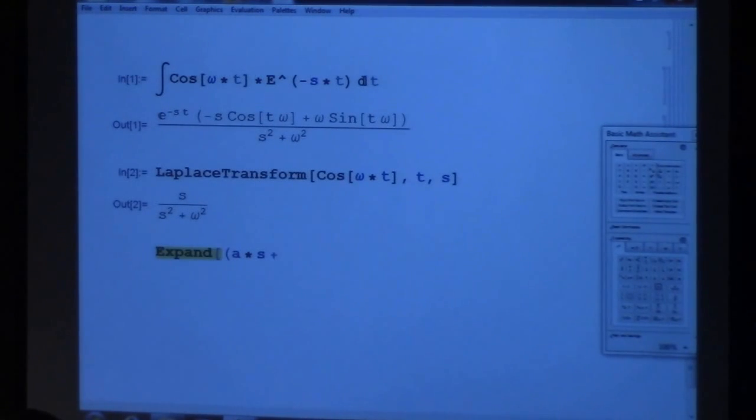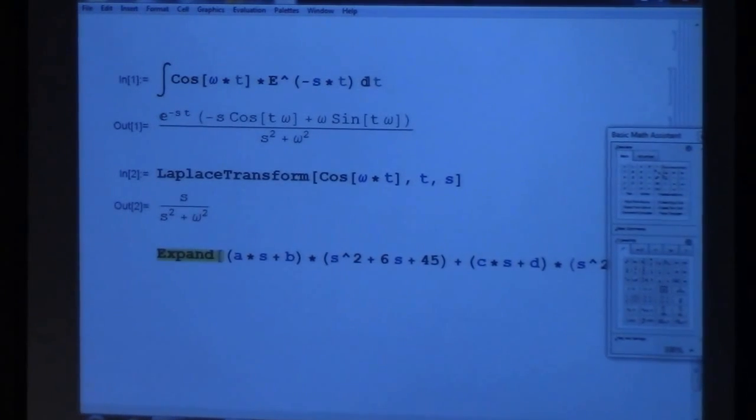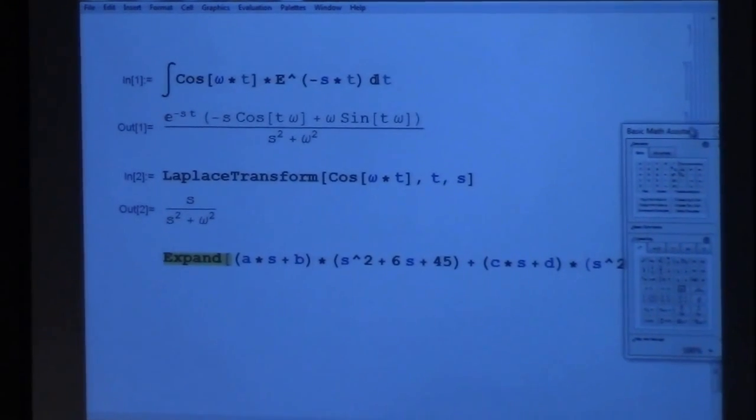Expand (as plus b) times (s squared plus 6s plus 45) plus (cs plus d) times (s squared plus 25).